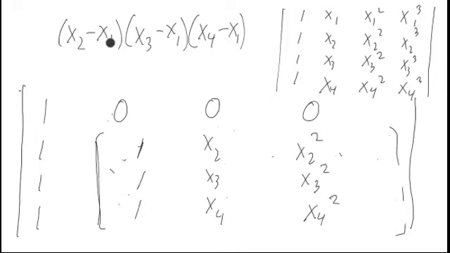So we're subtracting x1 from every x with an index here that is bigger than 1. Next time, we're going to be doing it with x2. And so continuing the computation, we'll end up getting x3 minus x2 and x4 minus x2.